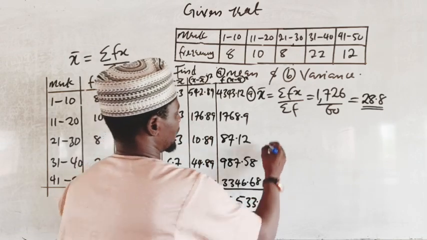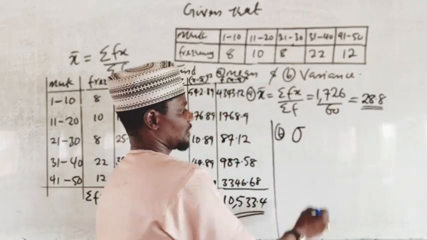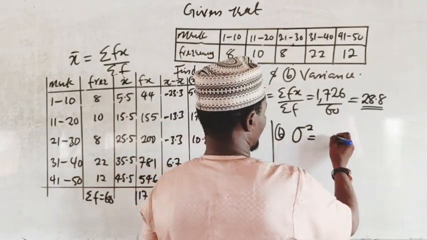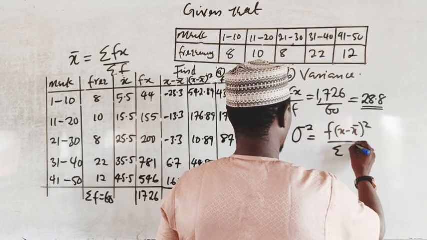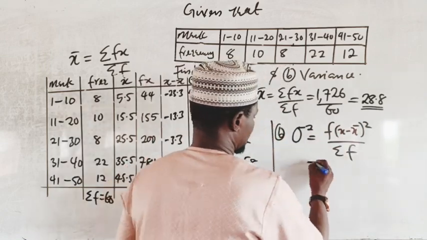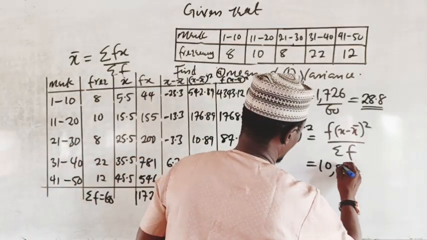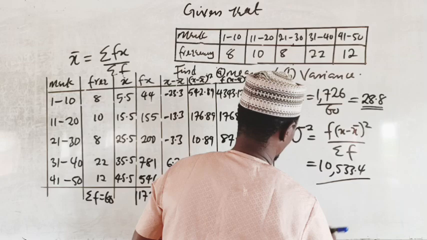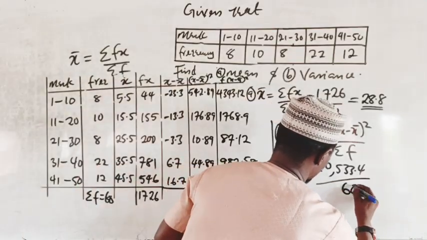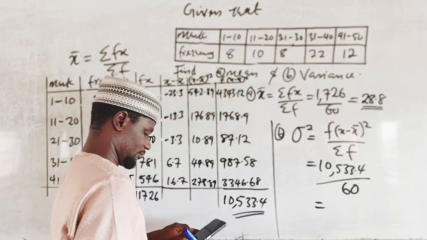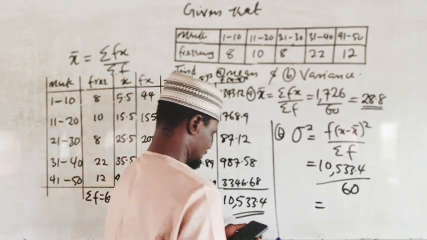Now our variance, B, equals summation f times x minus x bar squared all over summation f. That is 10,533.4 divided by the total frequency of 60, which equals 175.6.